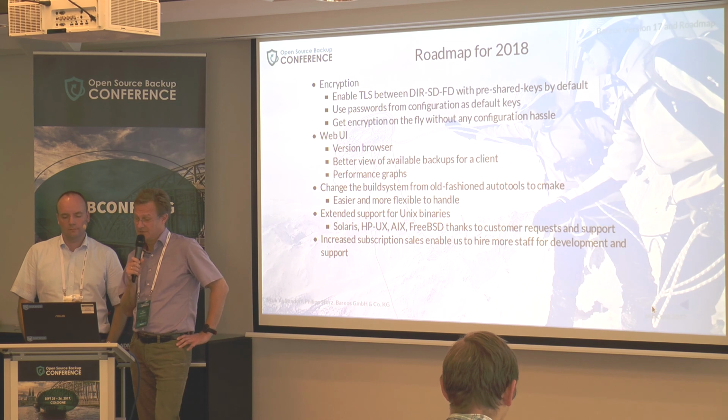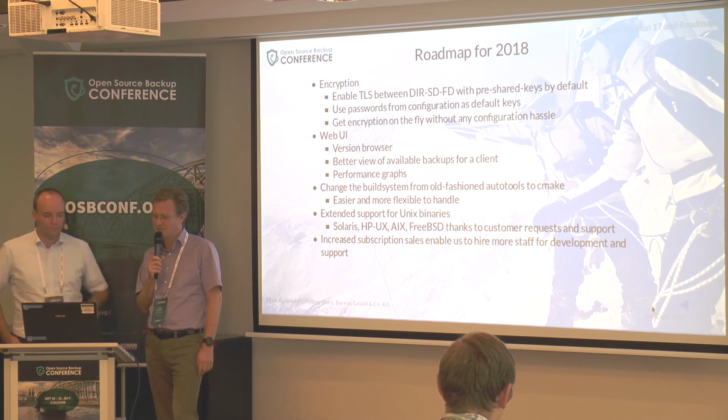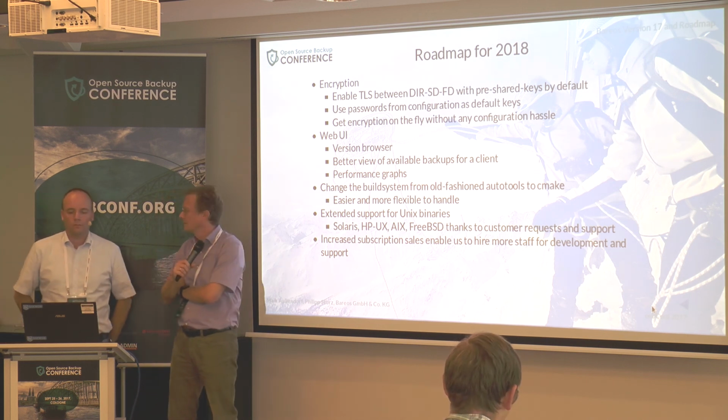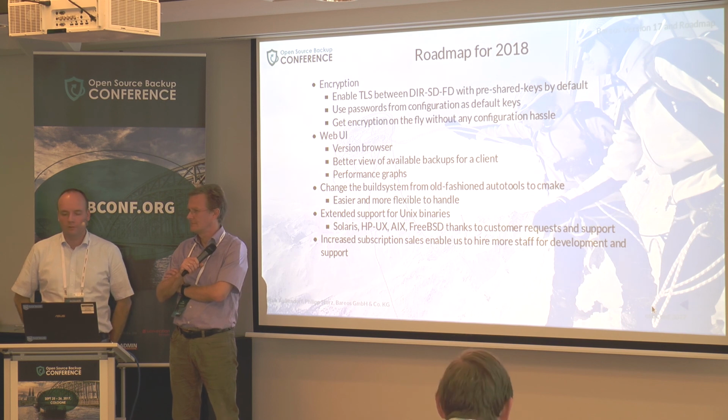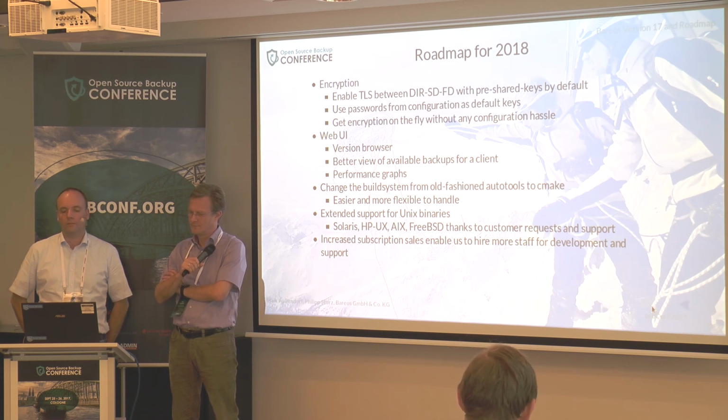Okay, then Philipp, you can explain this. Change the build system from AutoTools to CMake. Yes, that's I think not interesting for the end users, but for the developers maybe, because that's already quite far along. We want to change the build system to CMake, which makes things much more straightforward.